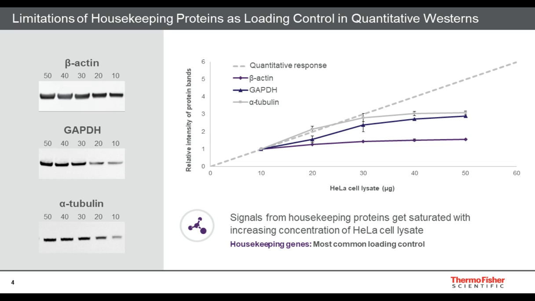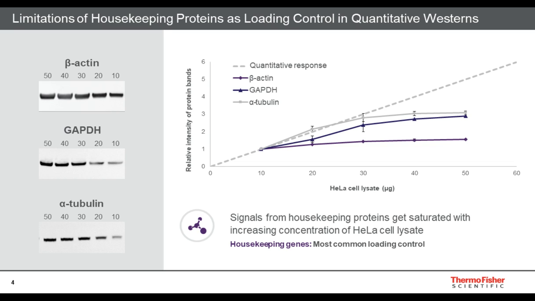Take a look at the beta-actin blot and the signal intensity plotted in this chart. As you can see, the signal intensity is pretty much saturated when you go from 10 to 20 microgram lysate concentration. As a result, you mostly get a flat line when you plot those signal intensities, which really means that when you're looking at actin, there is not much of a difference between a 10 microgram load or a 50 microgram load, which clearly is a problem.